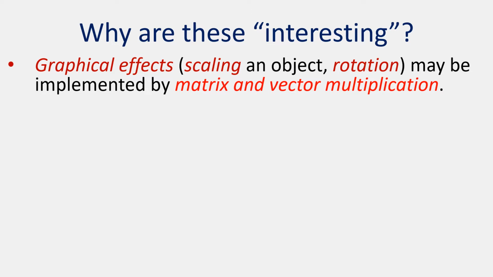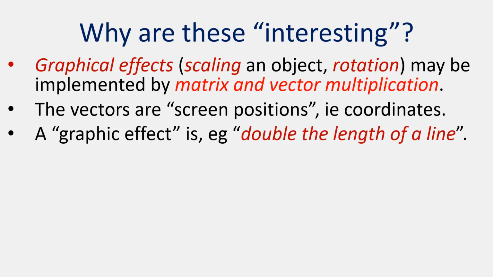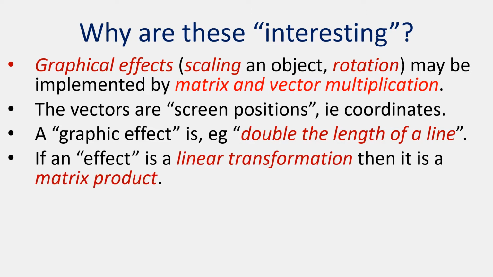These we can very often implement, and we can describe the process of calculation by means of some matrix and vector multiplication. The vectors correspond to positions on a screen, to coordinates on a screen. A graphical effect, for example, is something such as doubling the length of a line when it's displayed.